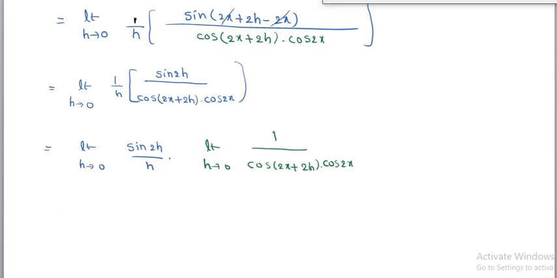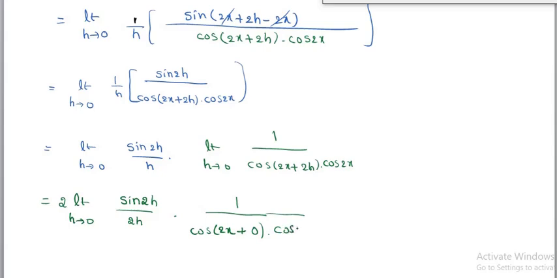So I will take limit h tends to 0, 2 will write, sin 2h by 2h, 1 by cos (2x plus h), h tends to 0, substitute 0, cos 2x.